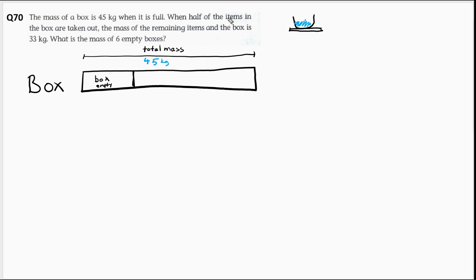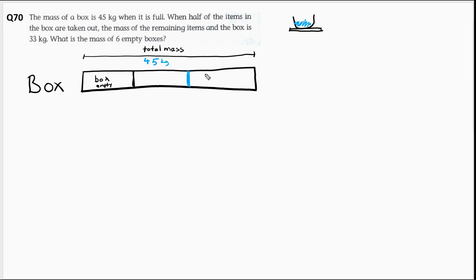And it says when half of the items are taken out. Now, these are the items. We're going to split that in half. Just because the size of this is now looking a bit like the size of this, they are not equal parts. And you know that because it's your model that you are drawing. You know what this represents. So these two bits are the same.